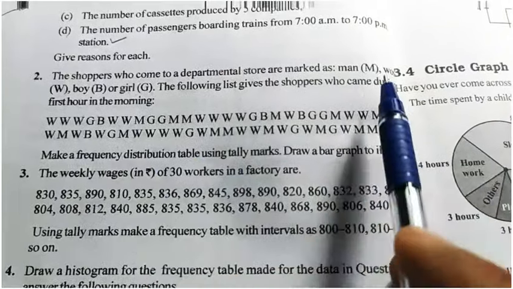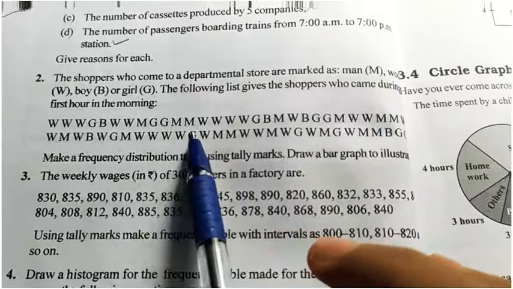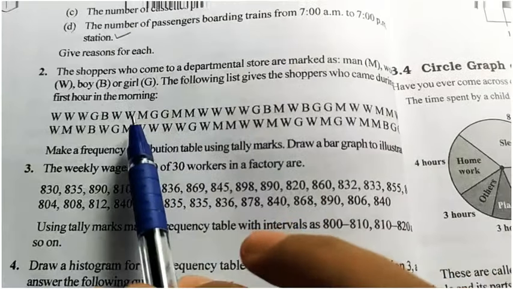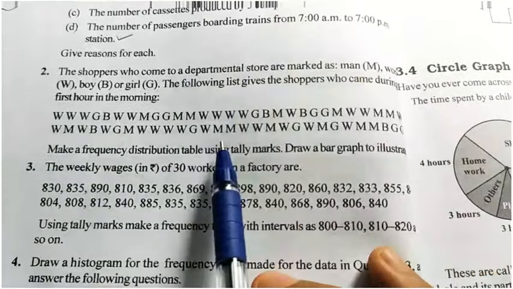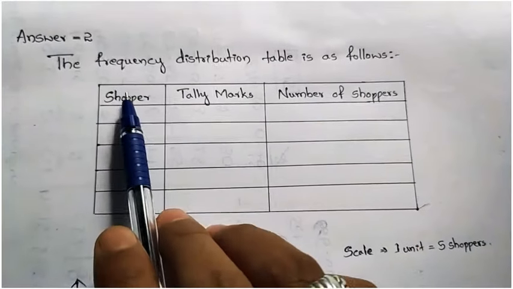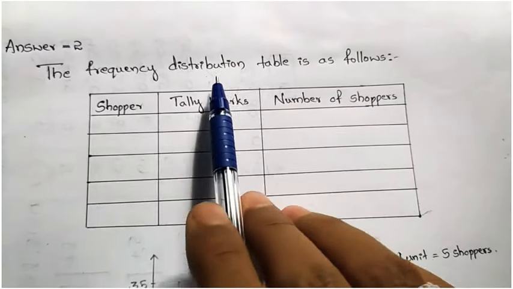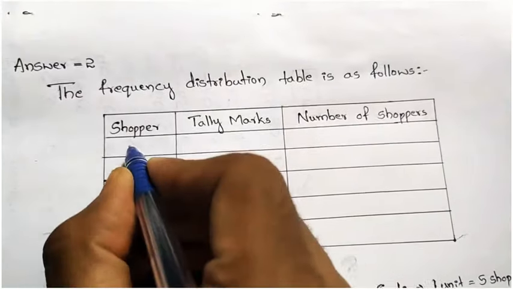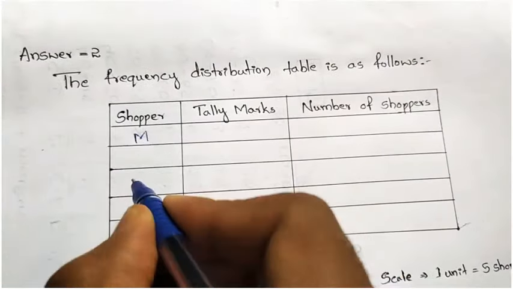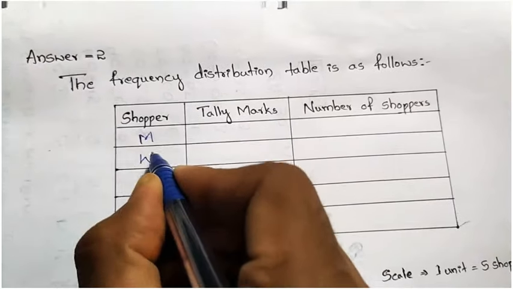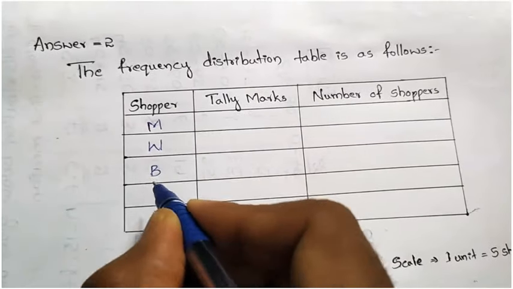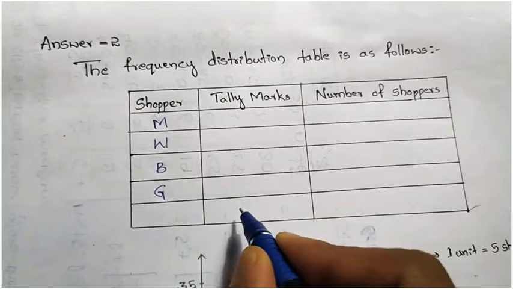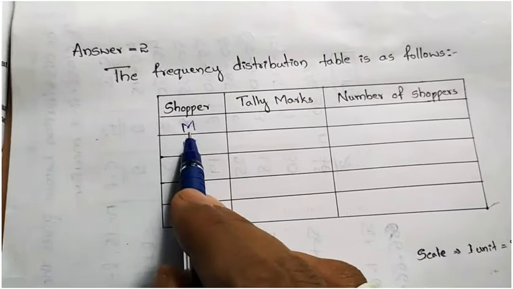First we have to count how many men there are, and make the table. The frequency distribution table is as follows. The shopper who comes first, man, we take as M, next woman, next boy and girl. Let's see how many men came.